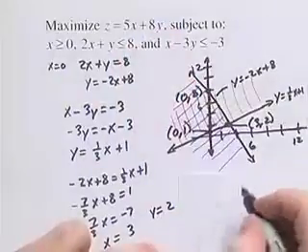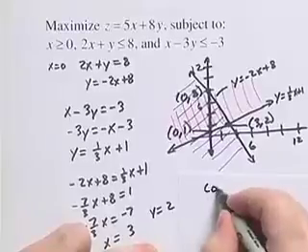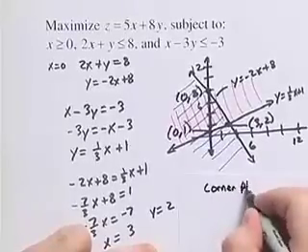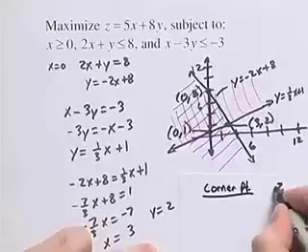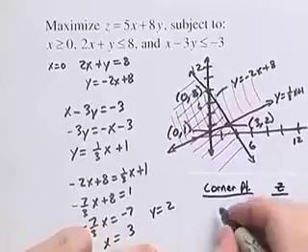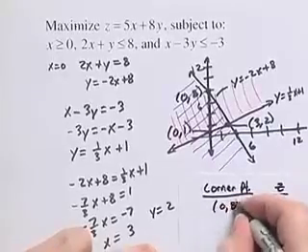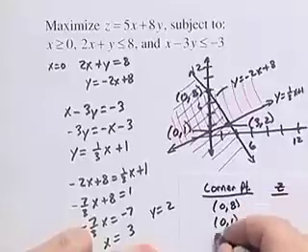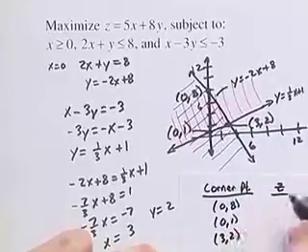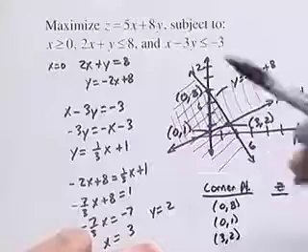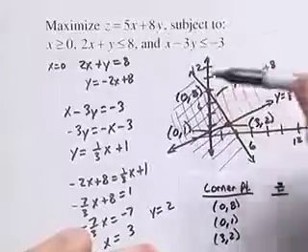Since we know that the maximum value of our objective function must occur at one of the corner points, we simply evaluate the objective function at each of our 3 corner points. So we're going to list our corner points, and we're going to use those to evaluate the objective function. So we have 3 corner points, 0, 8, 0, 1, and 3, 2. Put in 0, 8 into our objective function, we'll have 5 times 0 plus 8 times 8.